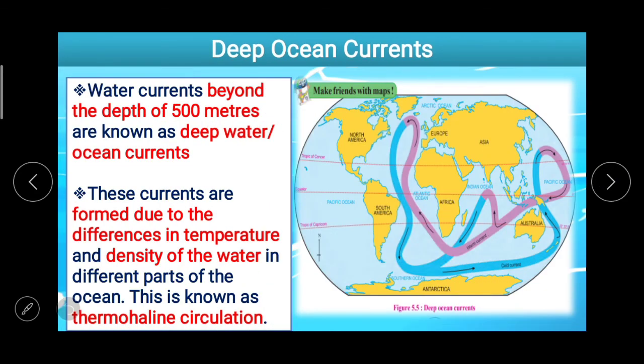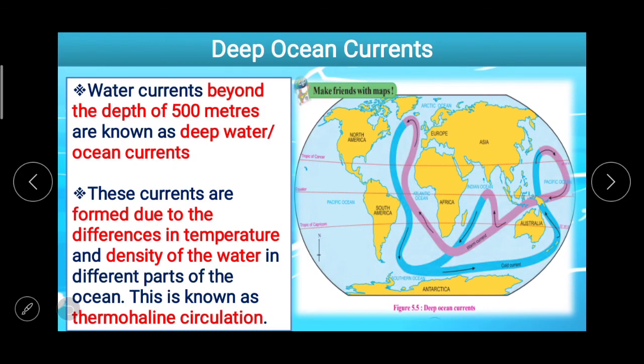Next, deep ocean currents. Water currents beyond the depth of 500 meters are known as deep water or ocean currents. The ones above that are different, and the ones below are different.